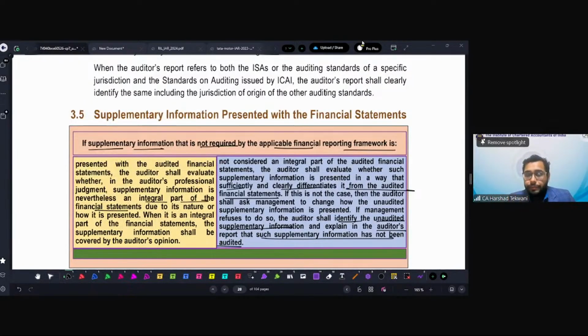Sometimes management might include supplementary information in the notes to the financial statement, just below a footnote. Over there also, it has to be specifically demarcated that this is unaudited information. Not only big statements and tables, but even footnotes or notes to any schedules.